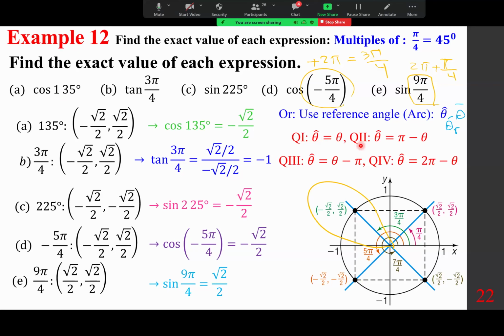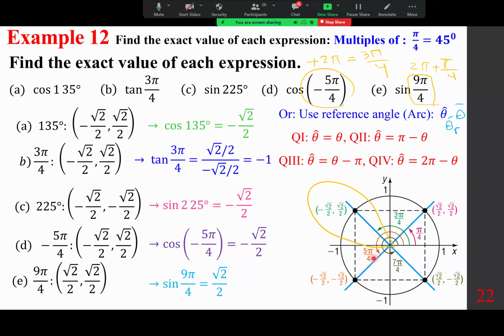In the second quadrant, pi minus theta. So for example, if it's 135 degrees, 180 minus that is 45 degrees. Or this one, pi minus 3 pi over 4 is pi over 4. If it's in the third quadrant, whatever the angle is, minus pi.